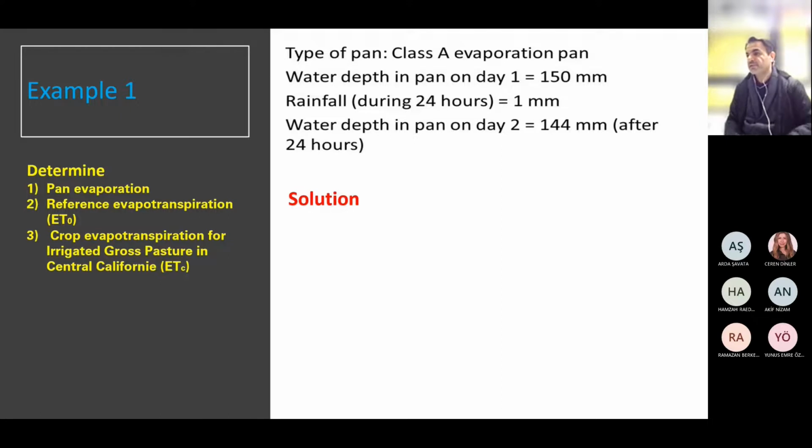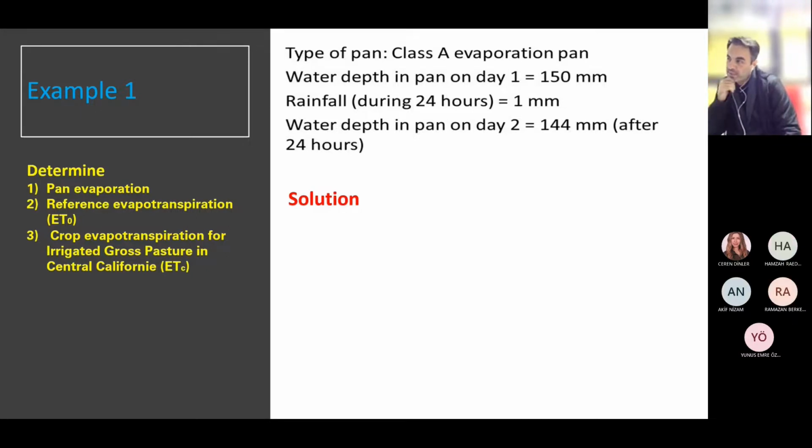Okay, I was solving this example. We have a class A evaporation pan, and the water depth in the pan on day one, before measurements, was 150 millimeter. On the same day, we have a rainfall, 1 millimeter of rainfall, okay?